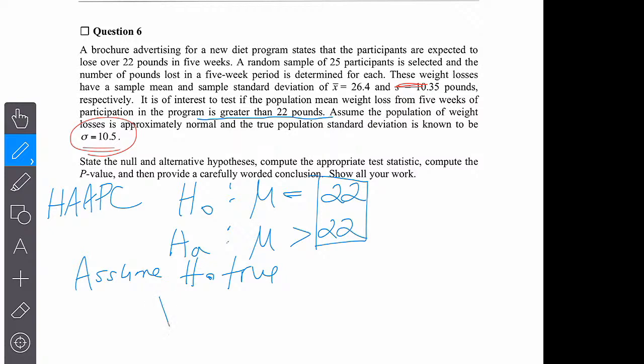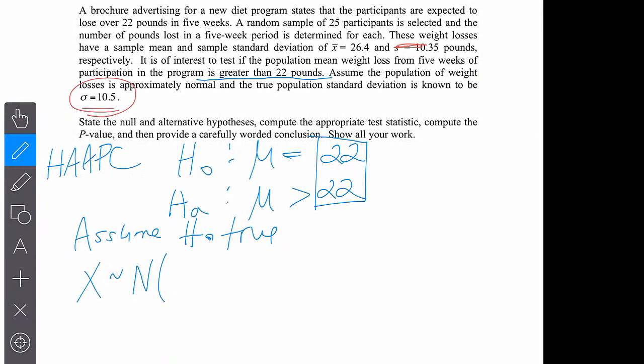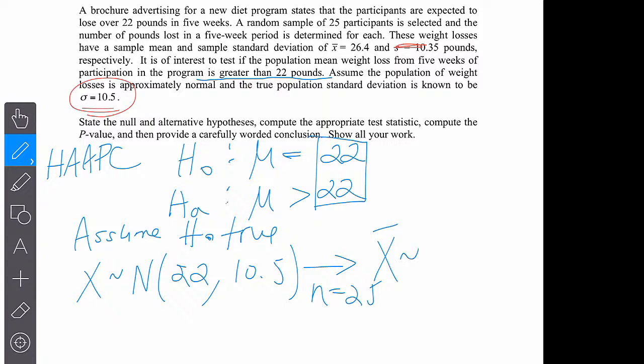So since H0 is true, then X is normally distributed with a mean of, now we assume the null hypothesis to be true, right? So the mean is 22 and the standard deviation is 0.5. This was given to me. So that means in a sample of size 25, the sample mean is distributed.